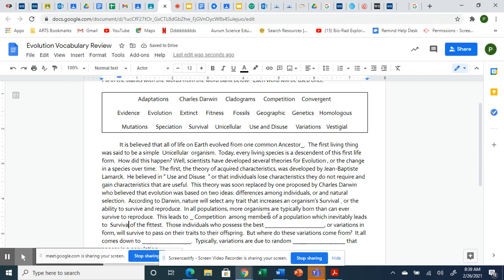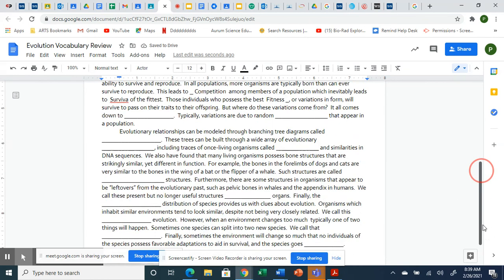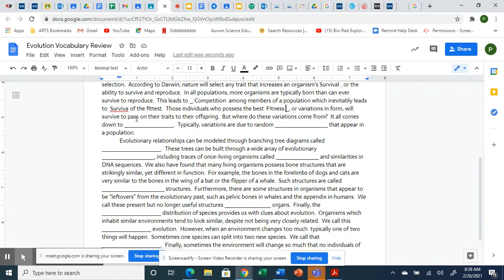Those individuals who possess the best fitness. I'm going with fitness. Or variations in form will survive to pass those traits down.